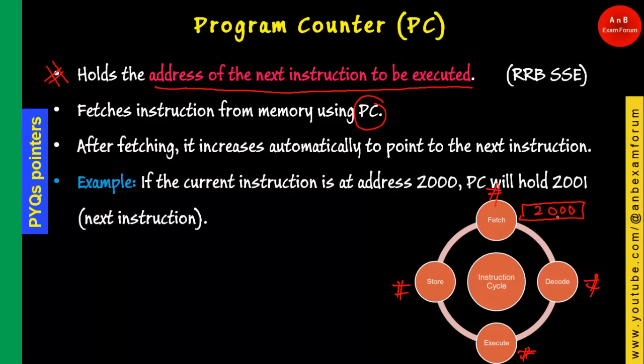What is 2000? 2000 is the memory address where my instruction is stored. After the fetching phase, it will be incremented to 2001. That is the next instruction which is going to be executed. So the program counter is going to store the address of the next instruction to be executed.